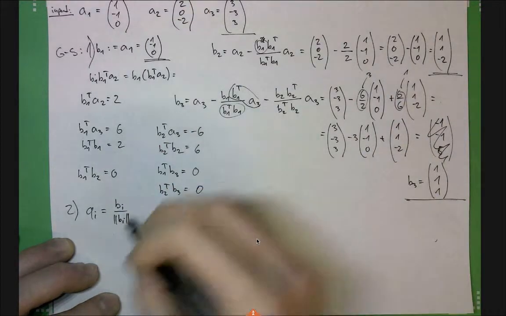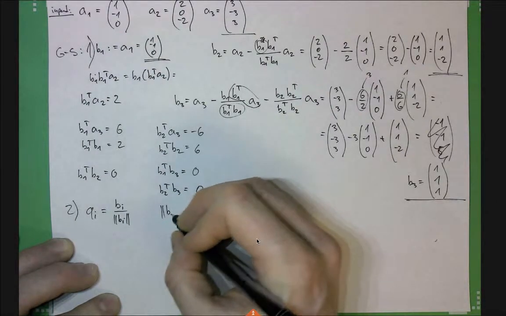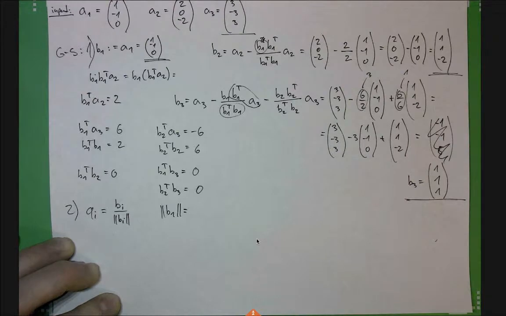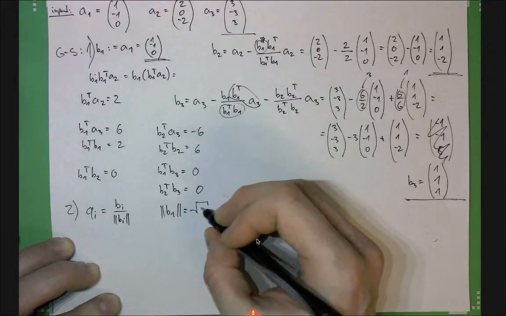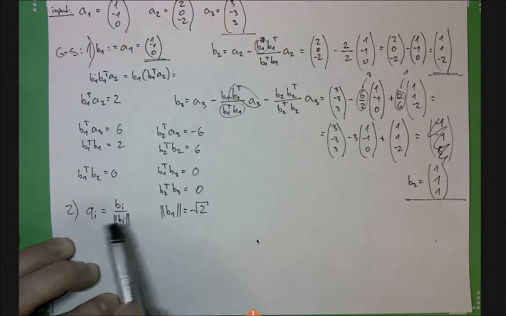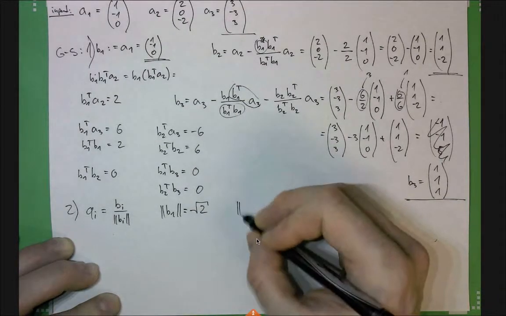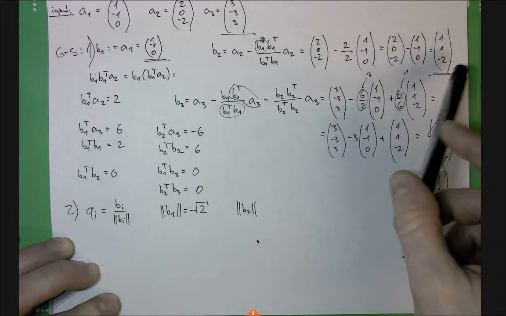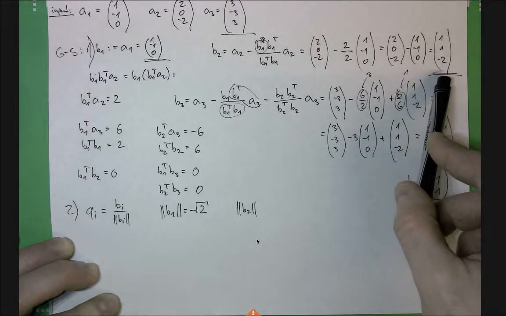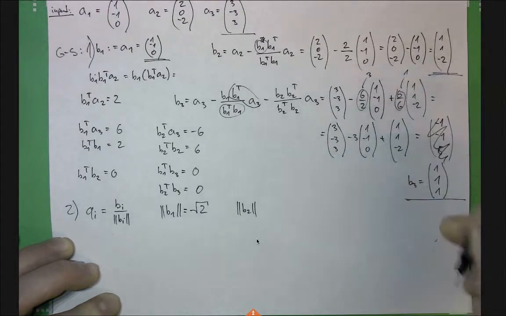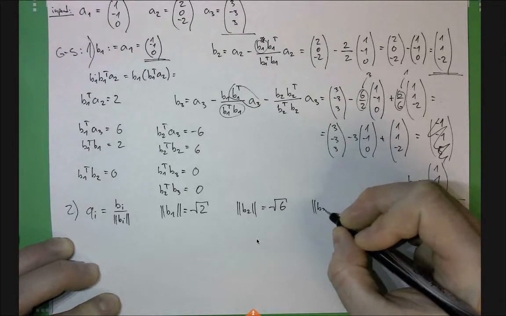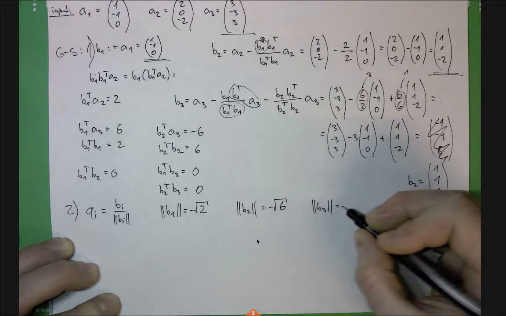Right? So in this case, what is the norm of B1? Just yell at me. Huh? 2. Square root of 2? Yeah, the actual norm, not norm squared. So the norm of B2, yeah, square root of 6. And of B3 is square root of 3, right?